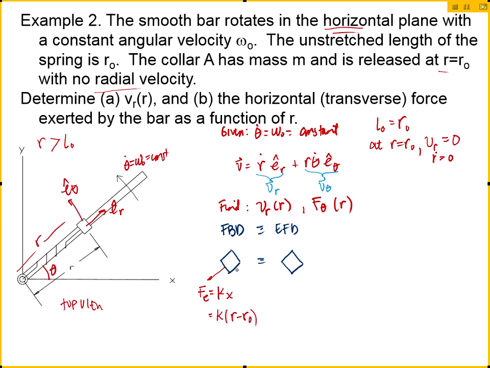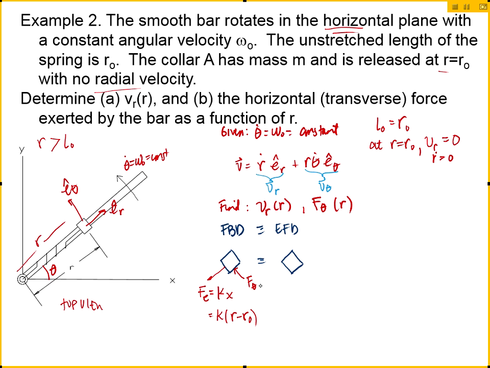But there's also another. We don't want to call it normal. It's actually what? In the transverse direction. Yes. Coming from the bar. Yes. And in fact, that's what we're at the point here. Where is it? Here. Oh, here. Oh, here. Right?